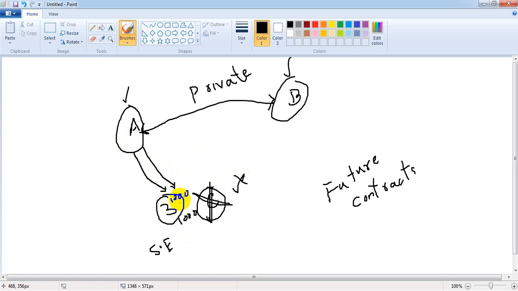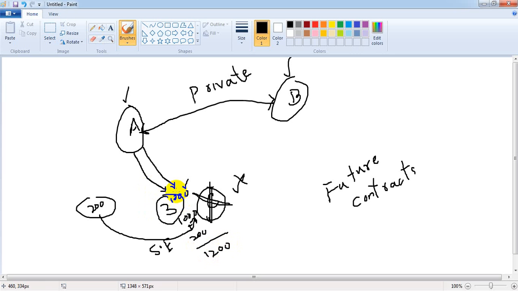Suppose the minimum amount of margin is 1,000. And suppose after 2 days, this party loses $200. This amount will be deducted from his account and it will go into the account of B. So B's amount will become 1,000 plus 200, so it will become 1,200.